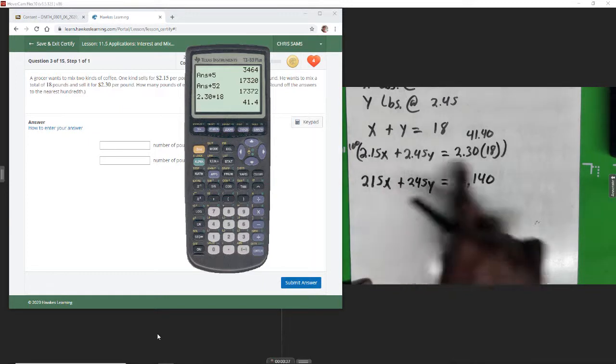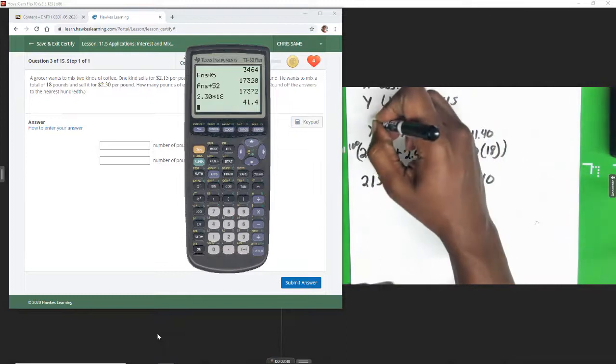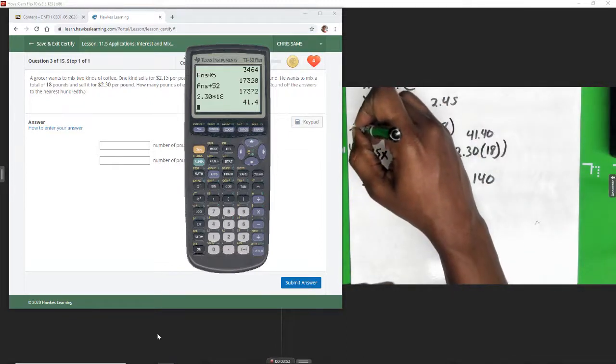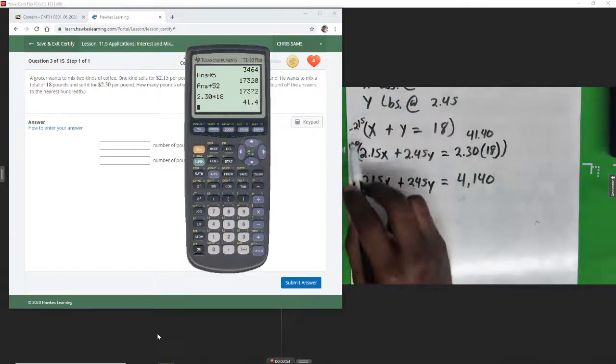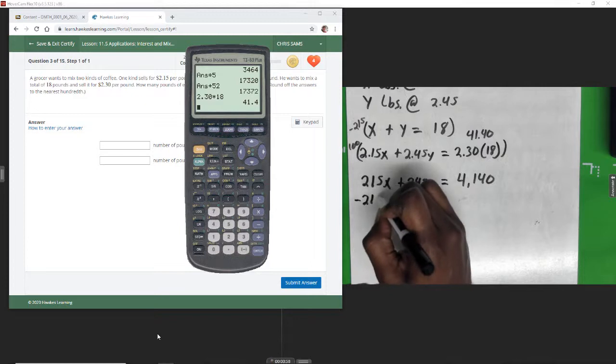Okay, so this is that new equation, just transformed. Okay, so smaller number is x is 215. So I'm going to multiply this equation by negative 215 so that x can be eliminated. Negative 215. So that gives me a negative 215x.